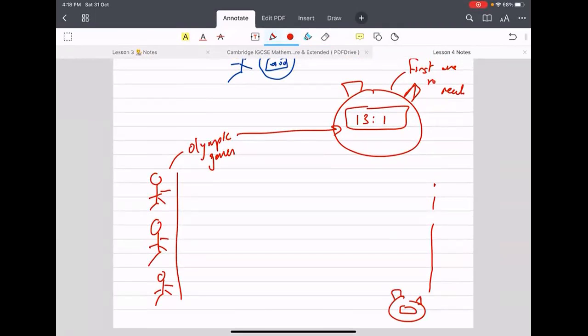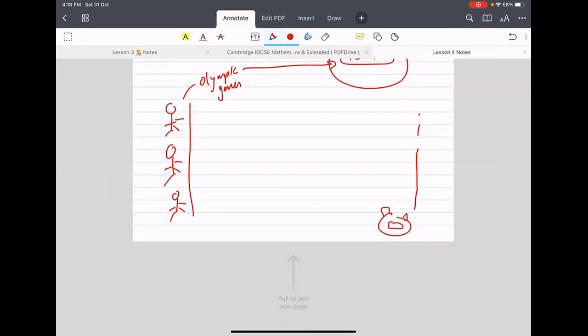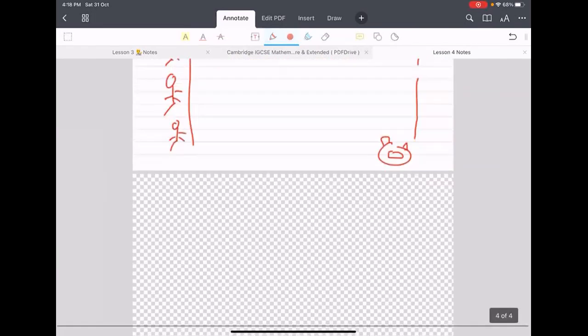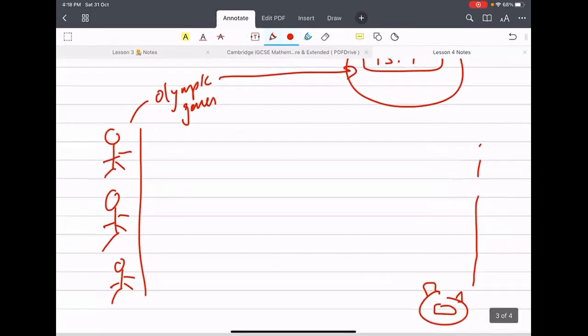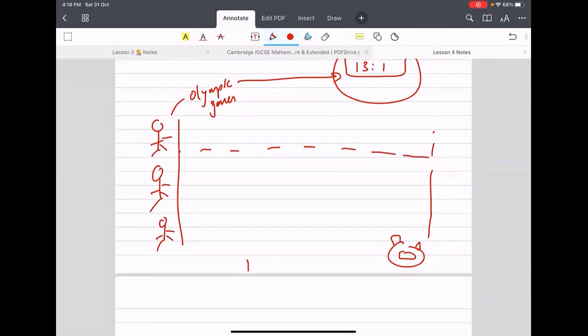They start running, and the first player gets something like 9.4.